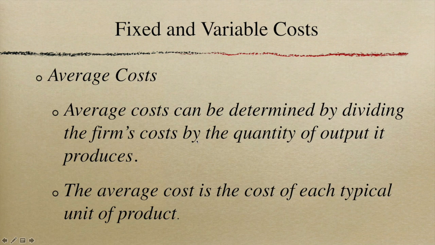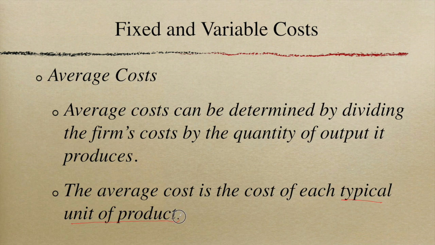Now, average cost is whatever that cost is divided by the quantity of output, the actual quantity produced. The average cost tells us how much the typical unit is going to cost us to produce.